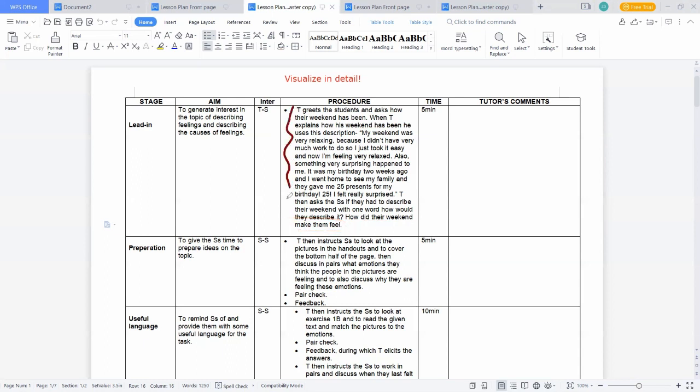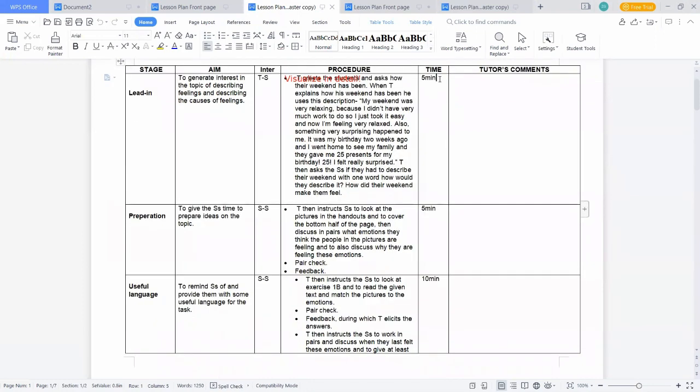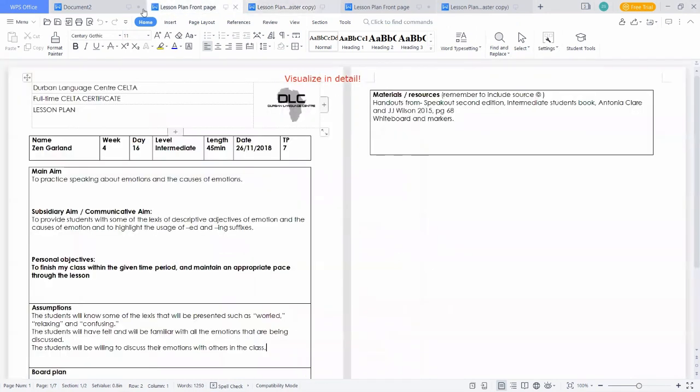So this is the detail I'm thinking of when I think procedures. So procedures are instructing them to look at the pictures, pair check, feedback. Now, I'm also thinking about the time each procedure will take because I've only got 45 minutes.